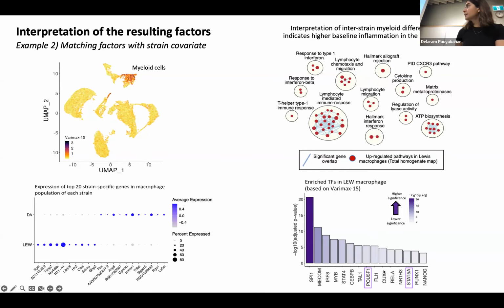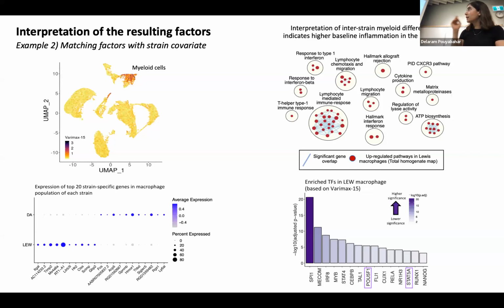This is the gene set enrichment analysis based on the ChEA data set, which is a transcription factor gene set. So you can identify what biological functions are represented based on that factor of interest.